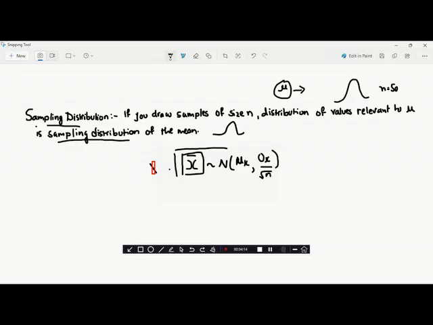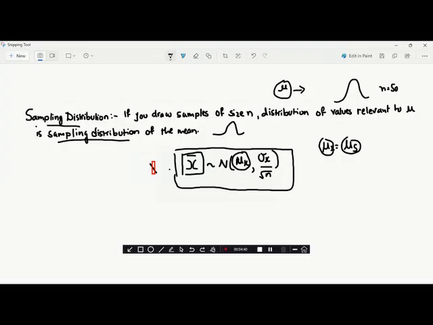So this is the formula for sampling distribution, and this is the formula that you will use when figuring out your sample mean. Mu x is also equal to your sample mean. So this is your population mean, which is also equal to your sample mean.